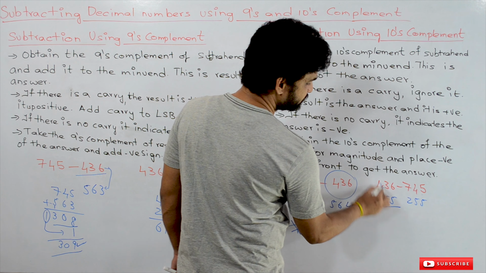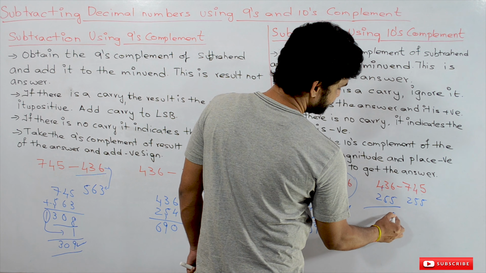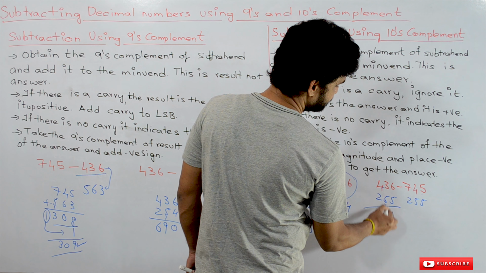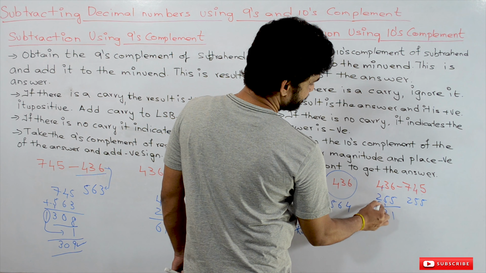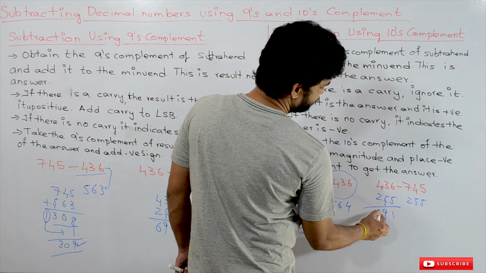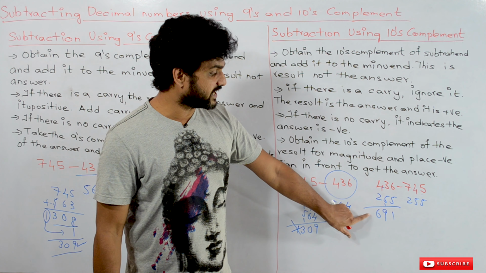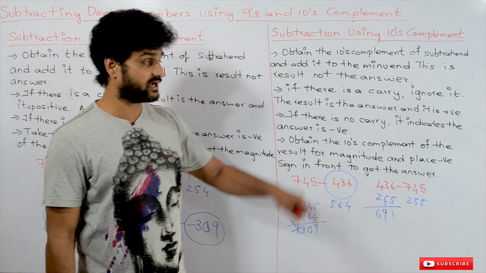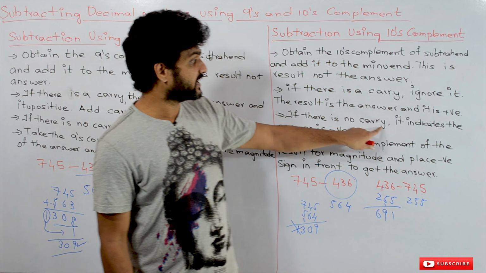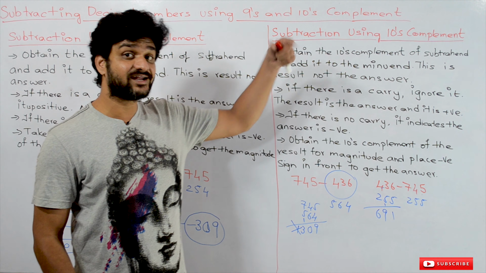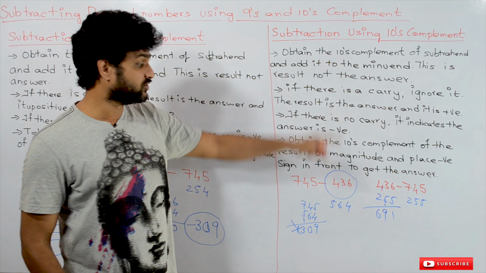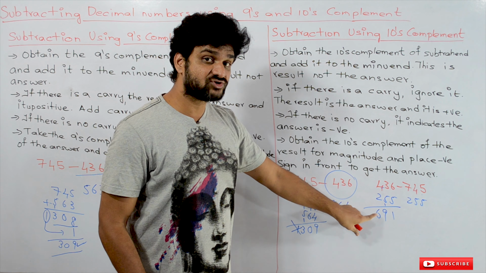If you add 255 to the minuend, it is going to be 691. Because there is no carry, the final answer is going to be a negative value. This is just a result, it is not the answer.